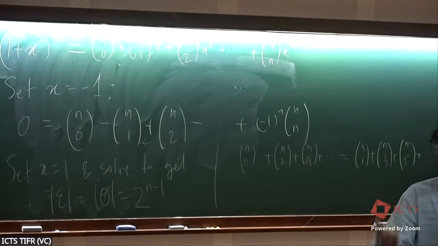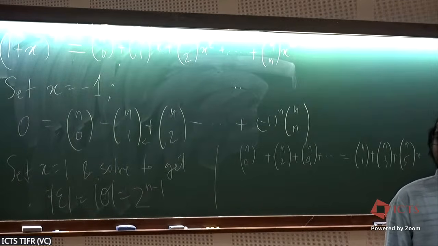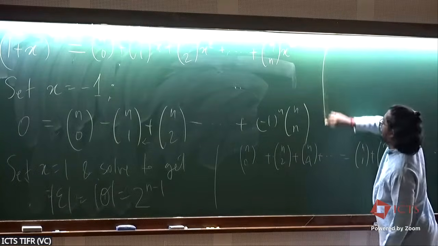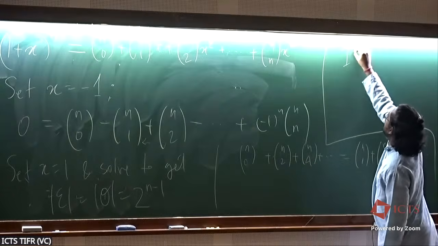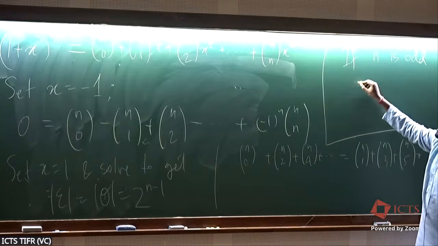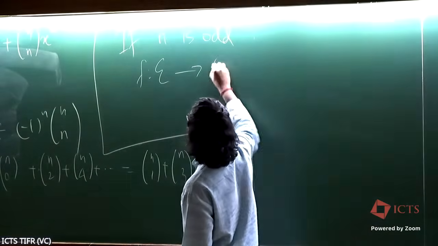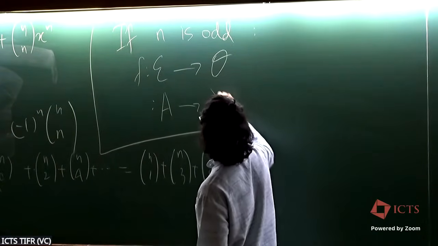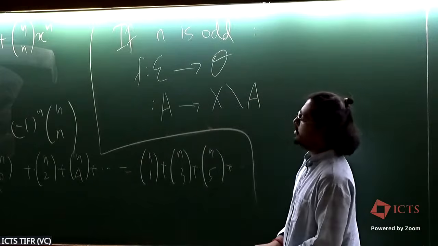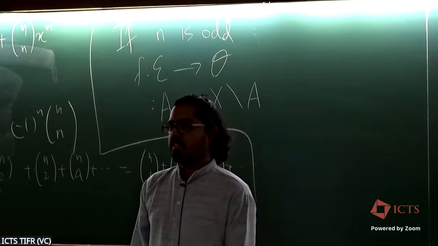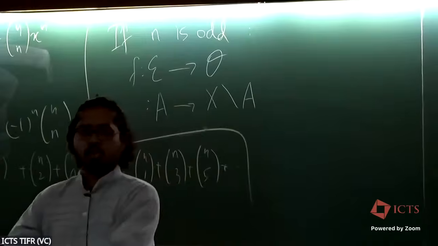I think Aditya had some maybe partial answer to this. So if n is odd, here is one observation. Aditya says, choose the map which sends any set A to its complement, X minus A. So if the total number of elements has odd size, then you can take an even set, its complement is an odd size set.